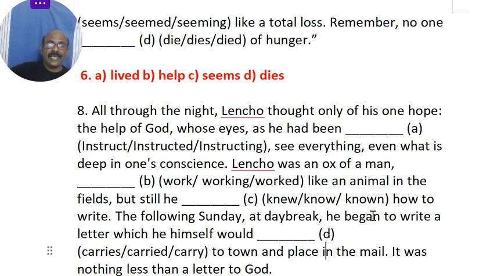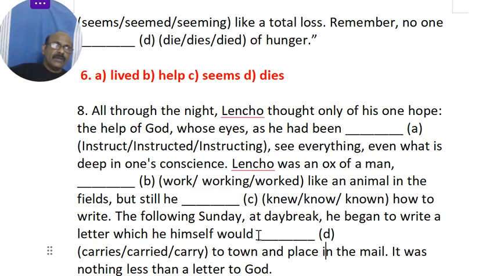But still he dash how to write. But whatever that is, still he dash. He knew. Education also he knew somewhat, good, we expect. And to write a letter which he himself would. It is explained already, would plus V1.